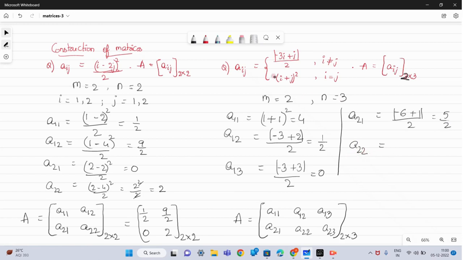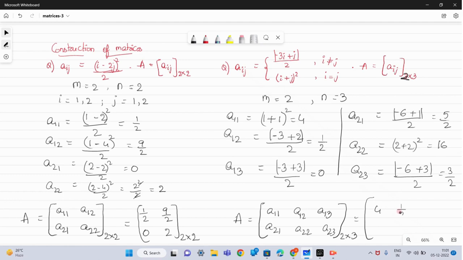So follow the second condition. So (2 plus 2) whole square, which is 16. a23 again unequal, follow the first condition, minus 6 plus 3 mod by 2, which is 3 by 2. So write all these elements and form a matrix.